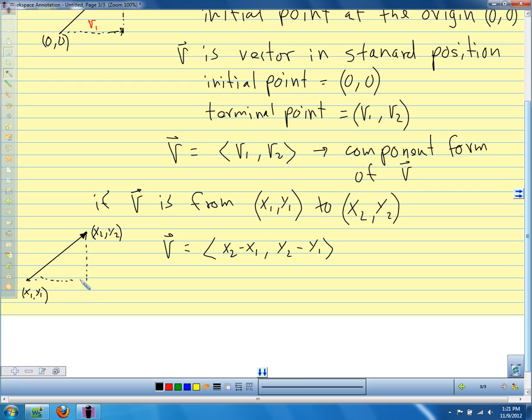Then this side of the triangle is x2 minus x1 units long. And this side of the triangle is y2 minus y1 units long. So that's all it's telling us. We can break our triangle into these pieces. How far do we go left and right? How far do we go up and down? That's really all this is telling us. How far left and right, how far up and down.